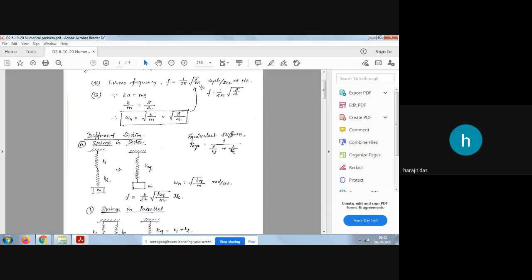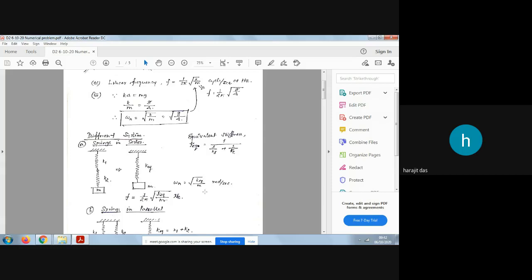Similarly you can find out the linear frequency also for this system. So f will be equal to 1 upon 2 pi under root k by m. You need to write k equivalent because there are two springs. So finally this will resemble this system, just like your k by m system. If you just add up, you will get k equivalent.